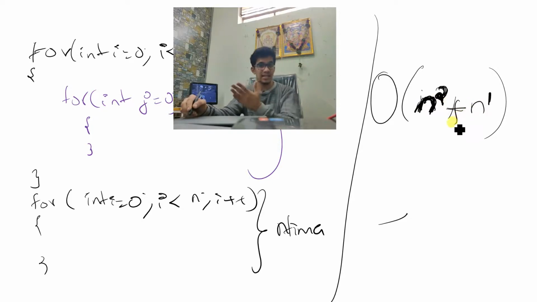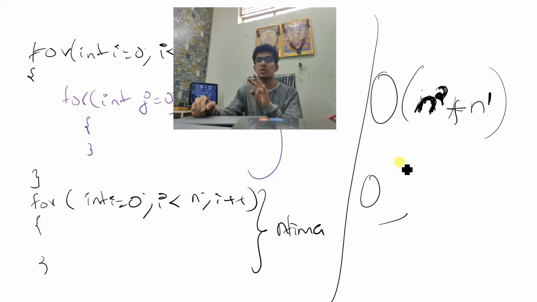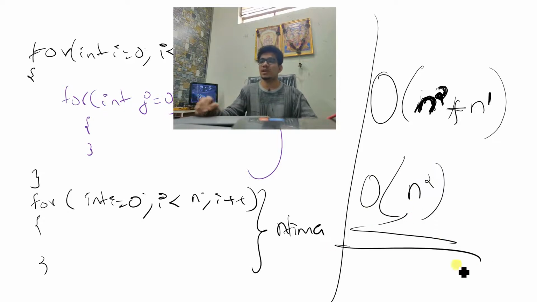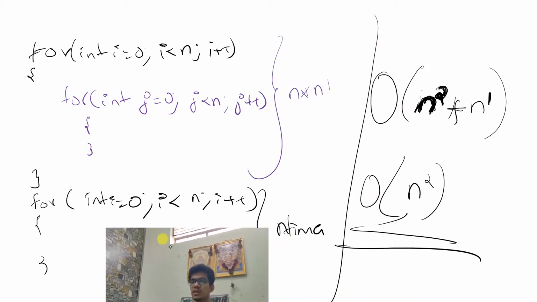Now when you have this kind of situation, you have to choose the n value which has the highest power. So it is n square here. n square you have to write. n to the power 1 you have to ignore. So you can take notes of this also. Take notes of this.